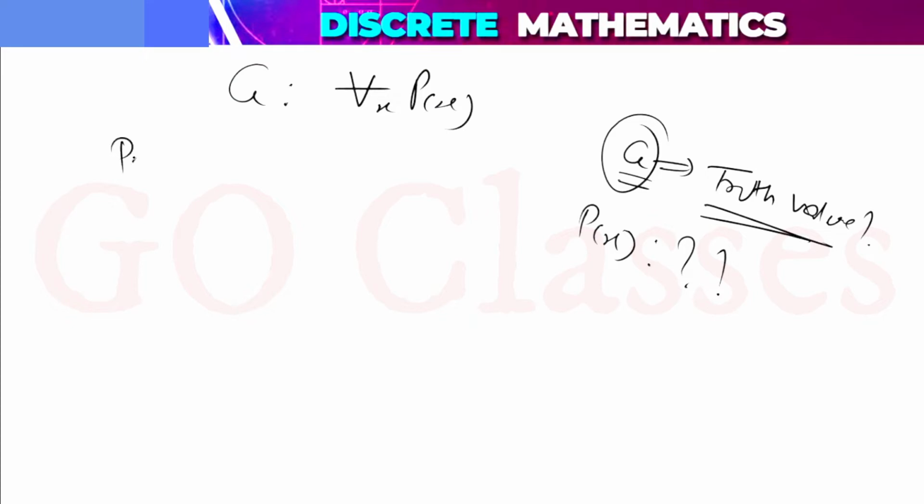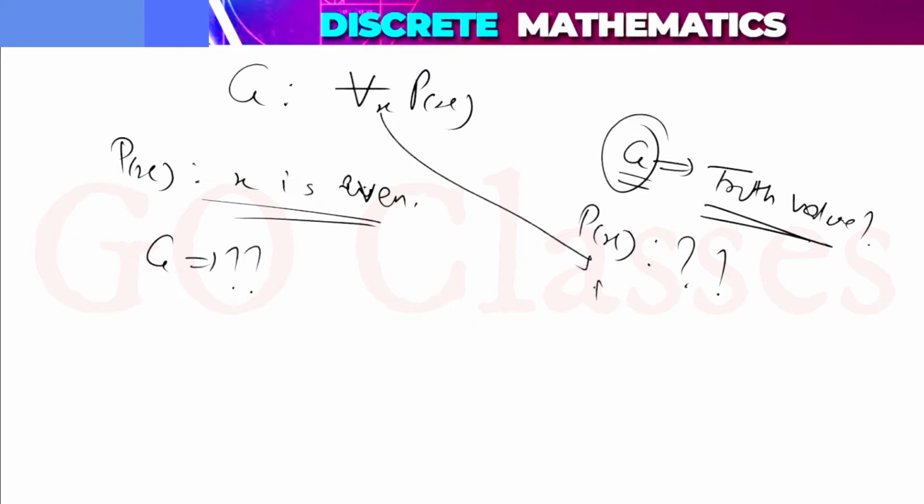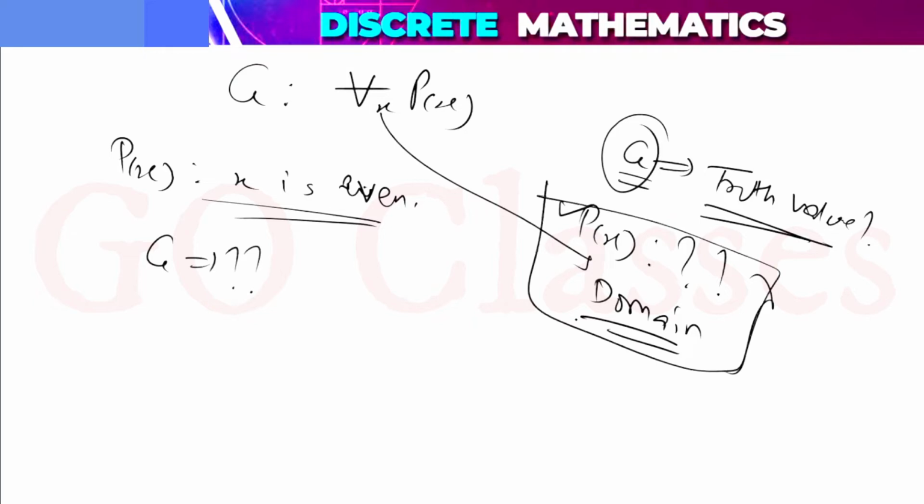Let's assume I give you P(x): x is even. Now can you tell me the truth value of G? Still you cannot, because you need the domain of x. So you need two things: first the domain of x, and also the predicate. If I provide this information, then you can answer.